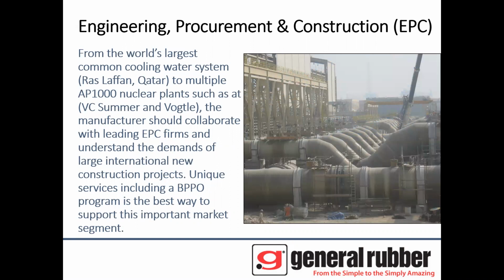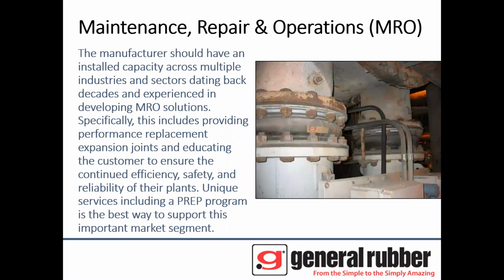From the world's largest common cooling water system, Ras Laffan, in Qatar, to multiple AP1000 nuclear plants such as VC Sumner and Vogel, the manufacturer should collaborate with leading EPCs, that's engineering, procurement, construction firms, and understand the demands of large international new construction projects.